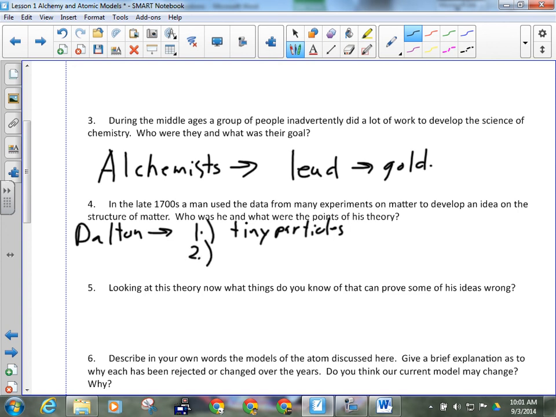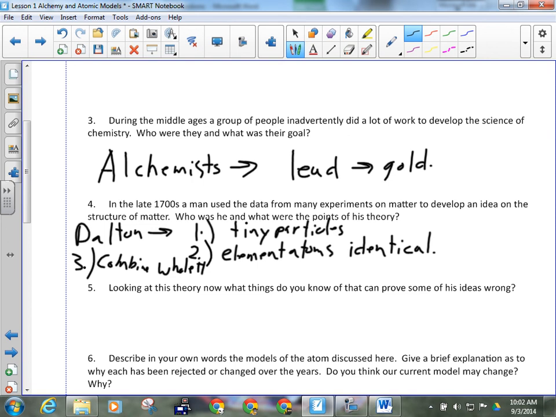Okay, number 2, second point. Right. Okay, so elements, atoms, okay, are identical. Okay, third point. Okay, combine in whole number ratios, right?